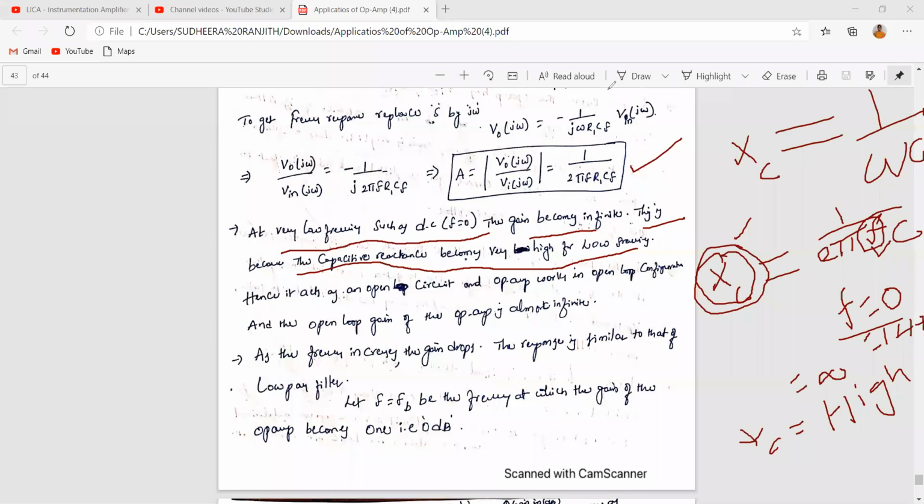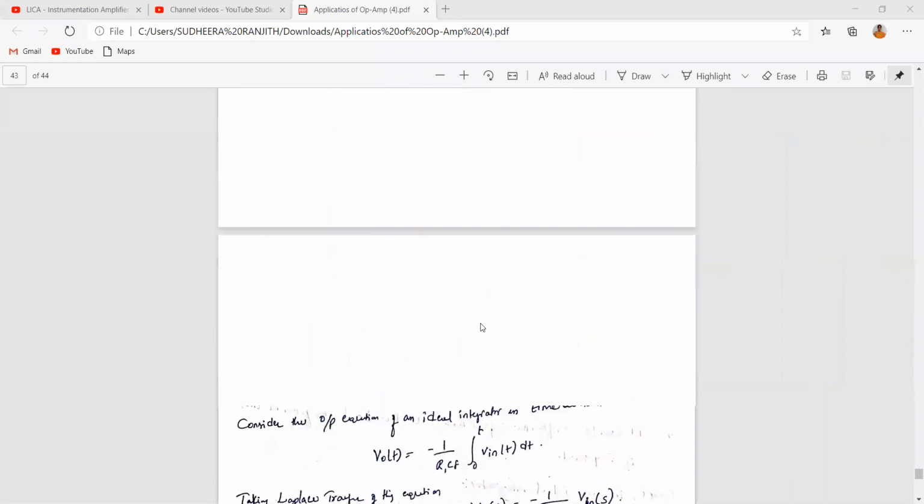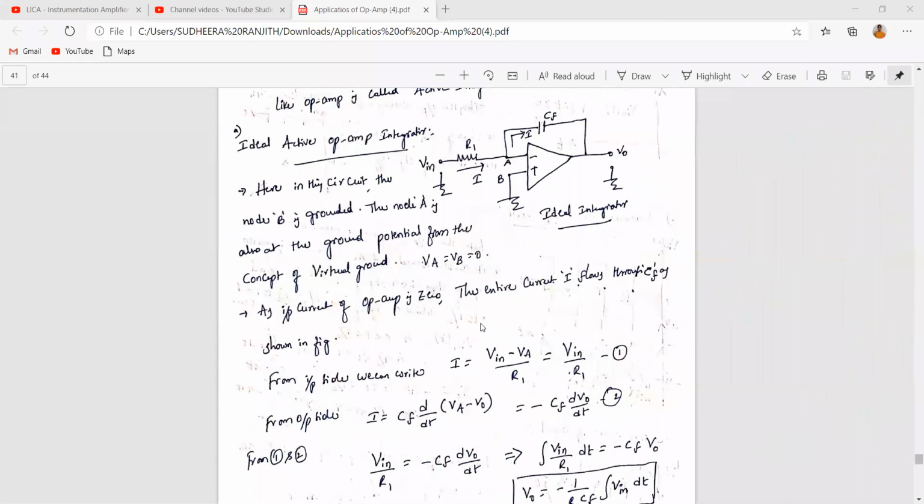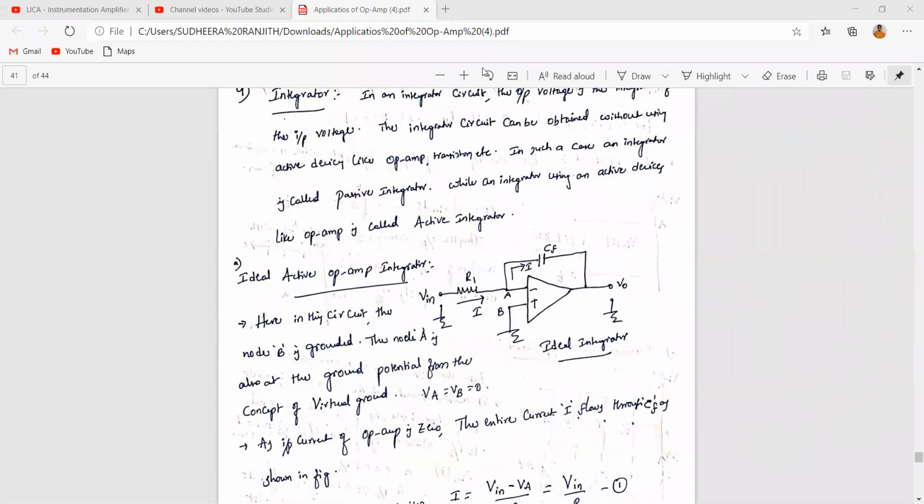So is it clear? Suppose this is the reactance of this capacitor. Reactance is nothing but resistance. If it is infinite, if it is large, what about the current flowing through this high reactance path?